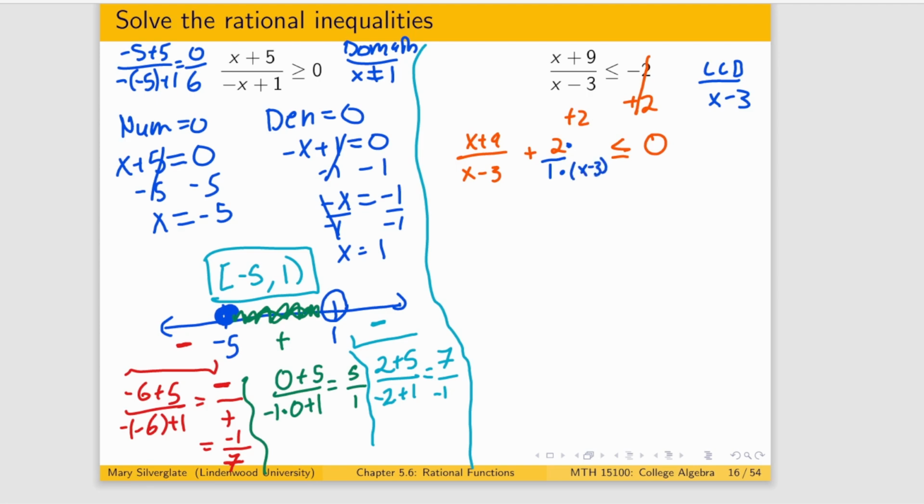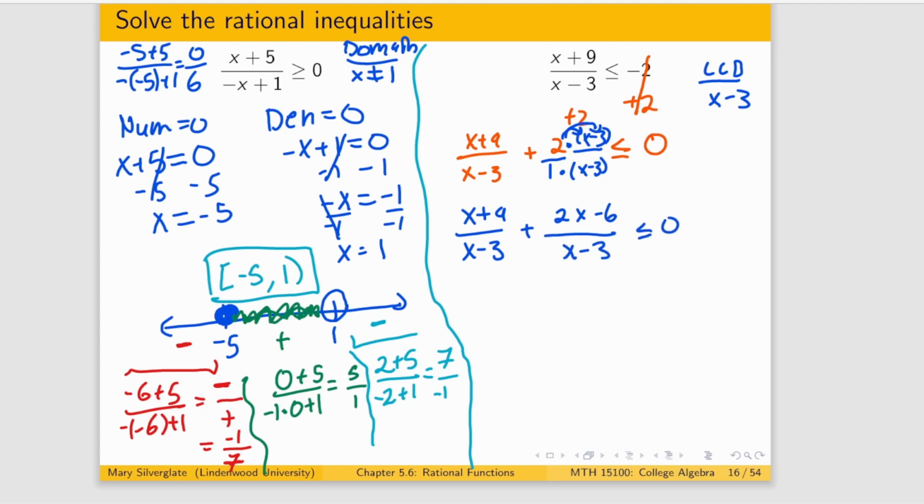So I will multiply both by x minus 3, which is really just a fancy way of multiplying by 1, right? Because x minus 3 divided by x minus 3 is 1. So then I have x plus 9 over x minus 3 plus, and then I can distribute the 2 times x gets us 2x. 2 times negative 3 gets us minus 6, all over x minus 3.